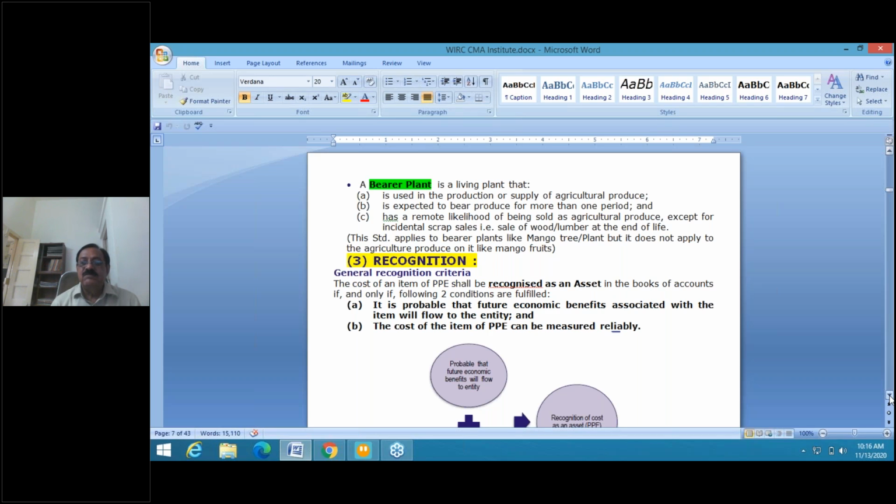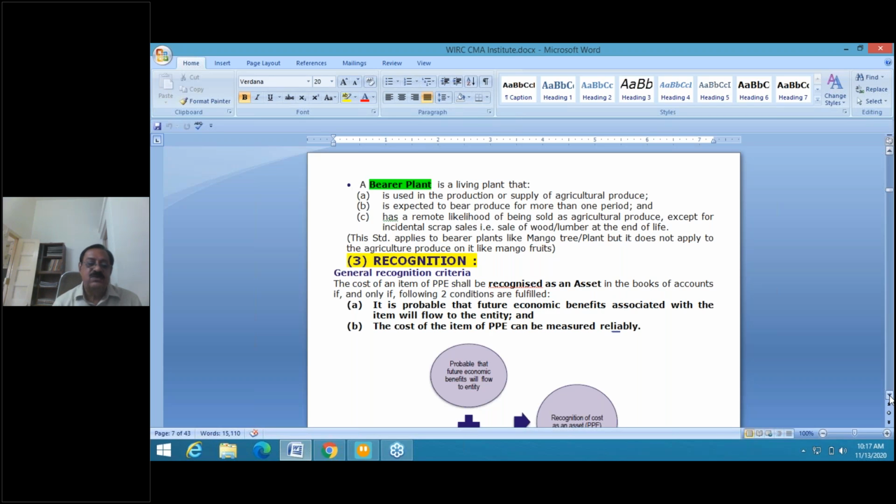Bears produce for more than one period, yes, it gives mango. The mango tree gives you mango for many, many years. And normally the mango tree is not cut down during the life and sold as lumber. Only when its life is over, it stops giving mango fruits, then it is cut down and sold as lumber. So one good example is mango tree.